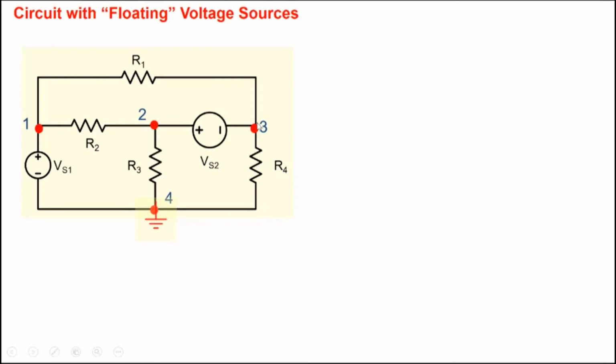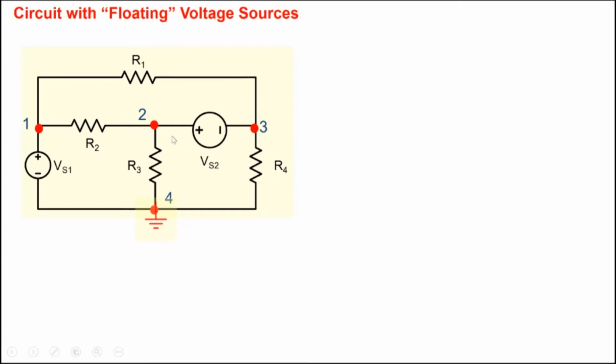And we call this a floating voltage source. Floating in the sense that when something is not grounded, its feet are not on the ground, then I guess you're floating. So one foot of this voltage source is grounded, and both feet of this other voltage source are up in the air.